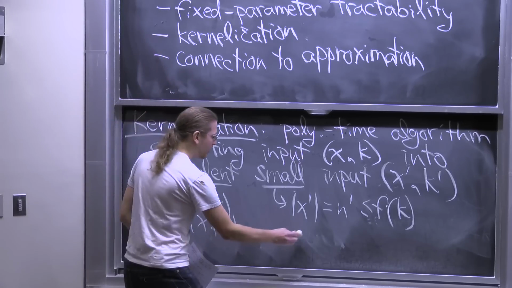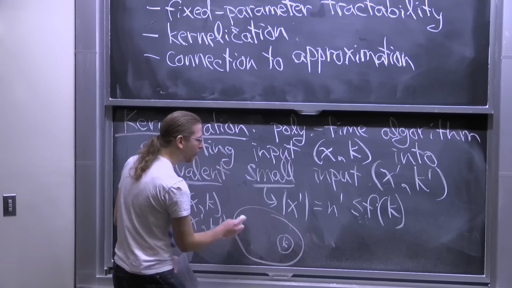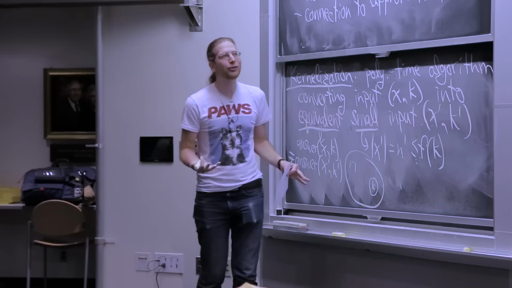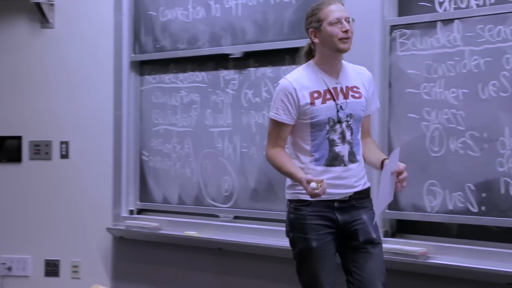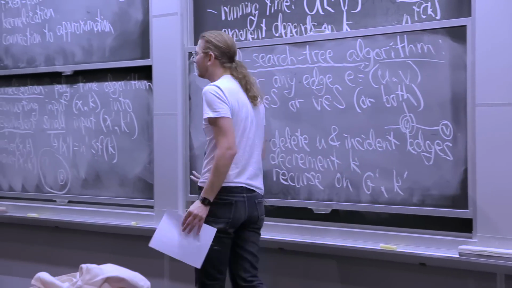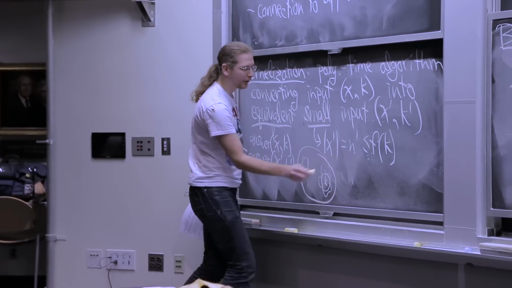So here's the picture with this big thing. And the intuition is that the hardness of the problem is just from this thing of size k. But there's no thing of size k, or at least we haven't found it yet, right? The k is the size of the vertex cover we're looking for, but we don't know where that is. It's hiding somewhere in this instance. It's this amorphous blob of size k.